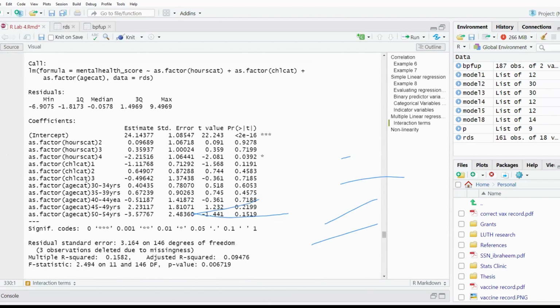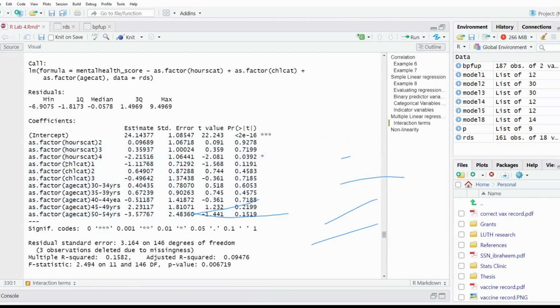We have 3 variables, but they're all categorical, and each of them has its own reference category. Let me explain the intercept carefully. This intercept refers to when you set all of these to their reference categories. You can imagine that hours category has its own reference category. The reference is less than or equal to 40.